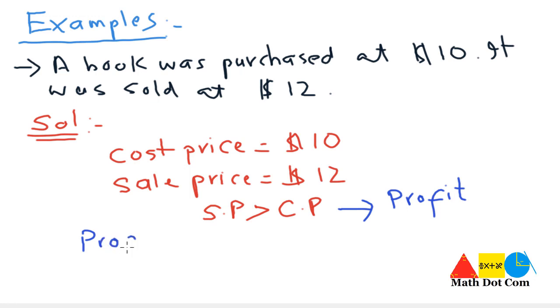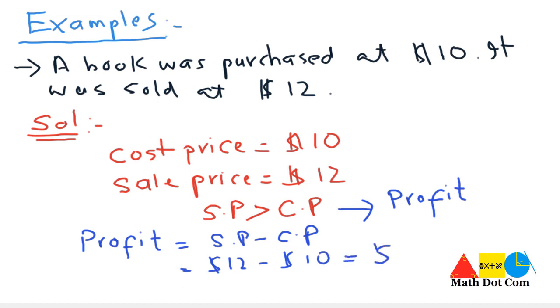So profit formula is sale price minus cost price. 12 minus 10 is equal to 2. It means that the shopkeeper has got the profit of $2 in this sale and purchase.